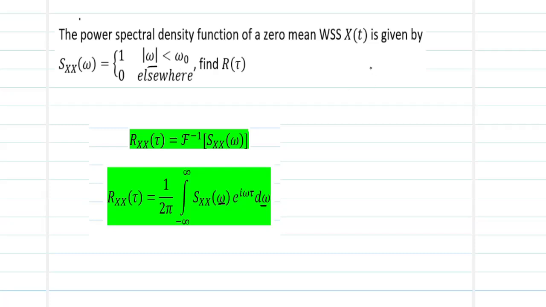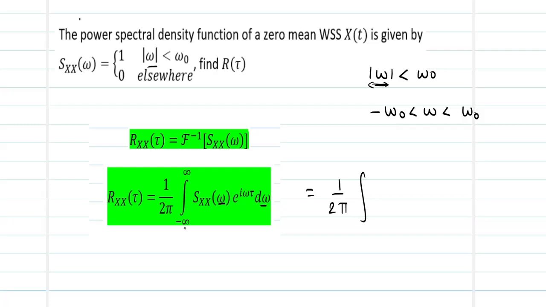What is going to be the limit? Mod omega is less than omega naught. So if I expand this modulus, it can vary between a negative and positive, so minus omega naught to omega naught. This is going to be my limit of the variable omega, which I will have to integrate for. So it becomes 1 divided by 2 pi.